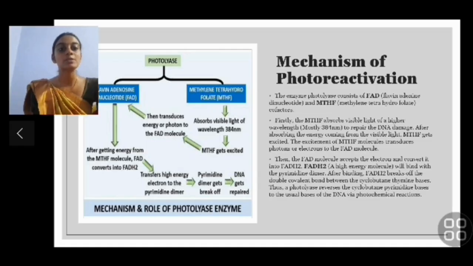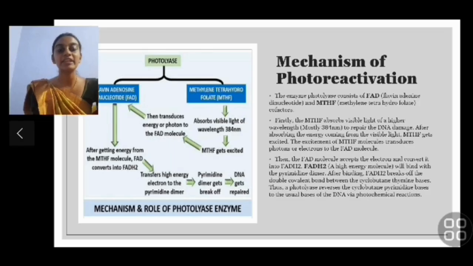When it absorbs the energy, it will get excited, and the excitation of the MTHF molecules will transfer photons or electrons to FAD molecules. FAD molecules accept the electrons and get converted into FADH2 molecules.